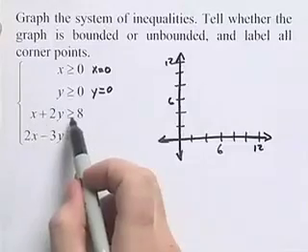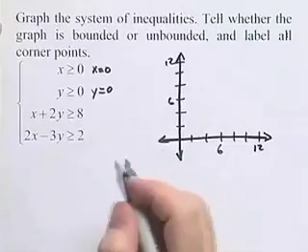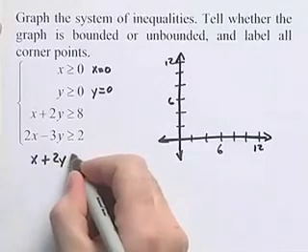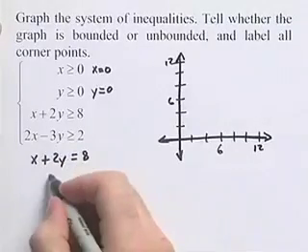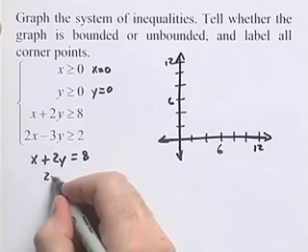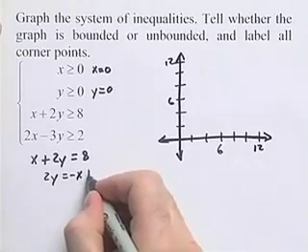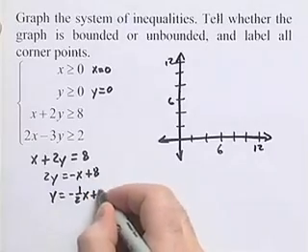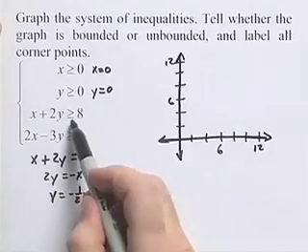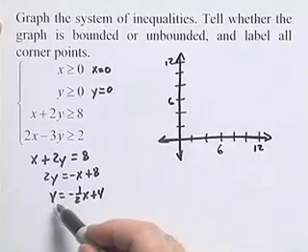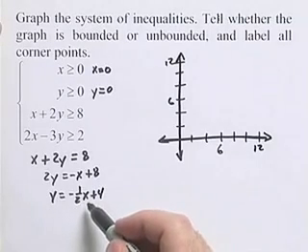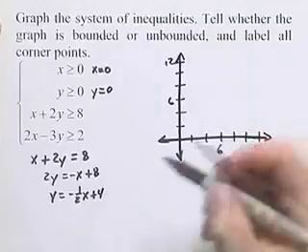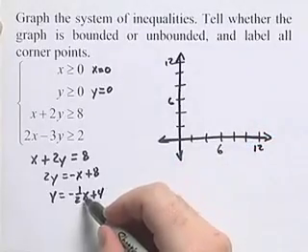We're going to move on to our next inequality. X plus 2y is greater than or equal to 8. So again, we'll treat that as an equation. Set that equal to 8. And we're going to solve for y. So 2y is negative x plus 8, or y is negative 1/2 x plus 4. Our inequality is not strict, so we're going to graph the line y equals negative 1/2 x plus 4 with a solid line. We need a couple of points, so we'll go ahead and let x equals 0.